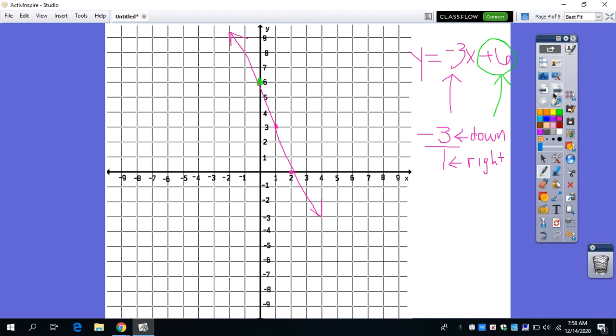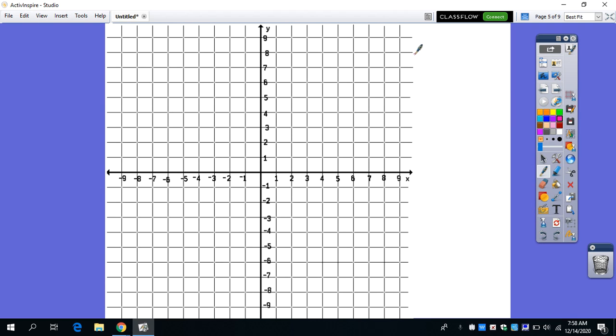Let's see if I can do one more example. Alright, let's see if I can do y is equal to, what if it looks like this? It's just like y is equal to 3x. That means that there's an invisible plus 0 here. So that means my y-intercept is 0.